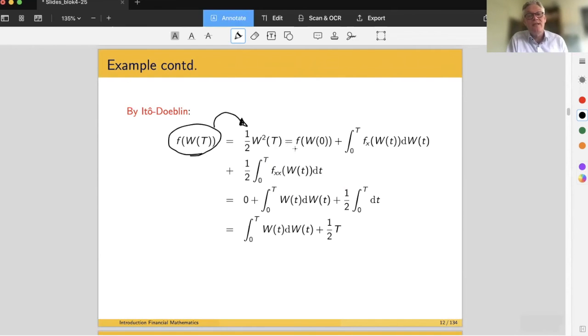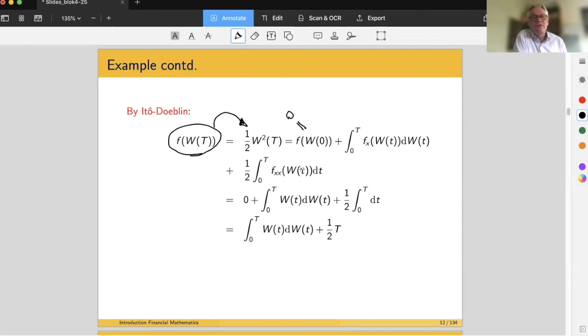And we know that is equal to the function at 0. Well, the function 1/2 W squared at 0 will be 0, right? And then we have the integral from 0 to capital T of the first derivative dW plus 1/2 the integral from 0 to capital T of the second derivative dt.